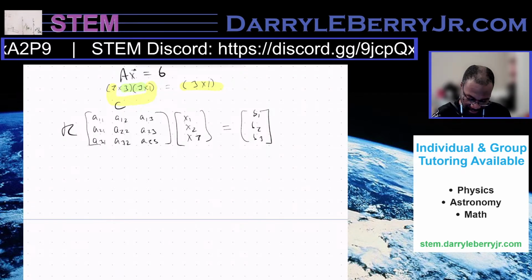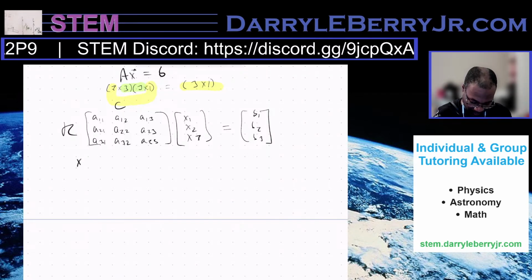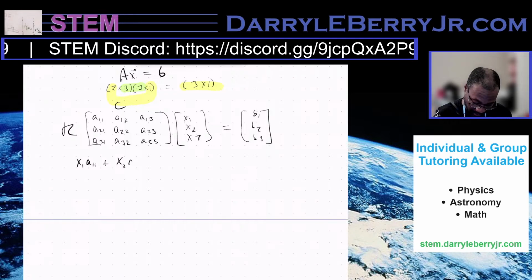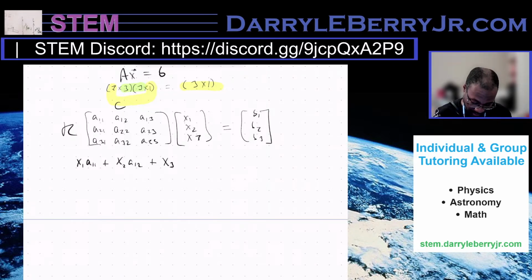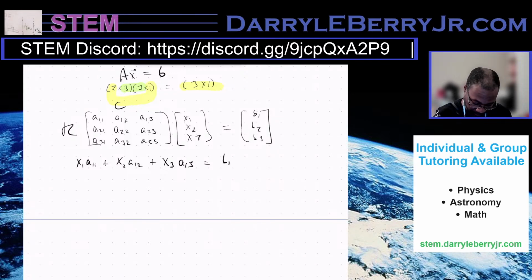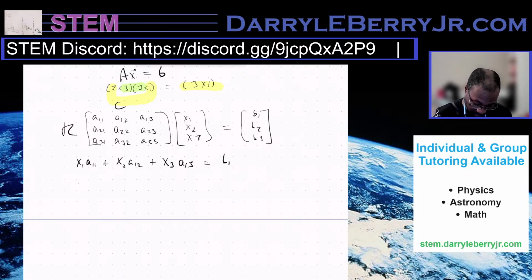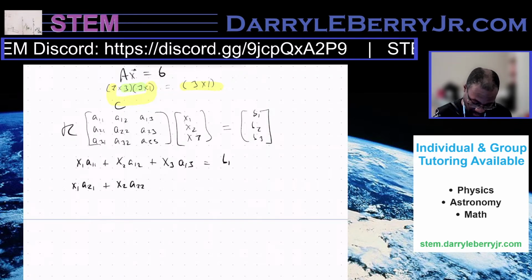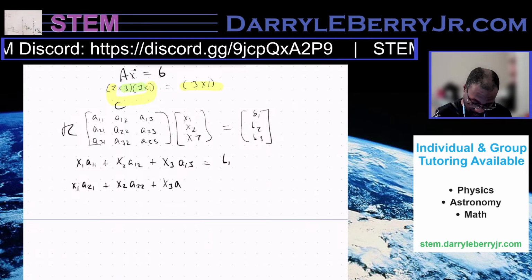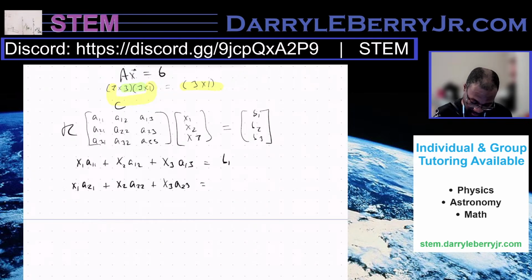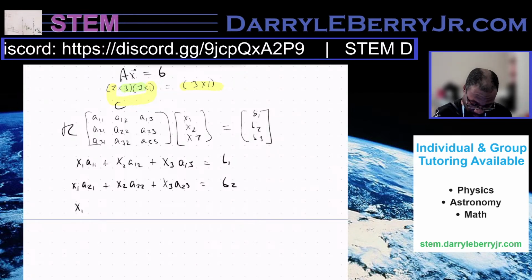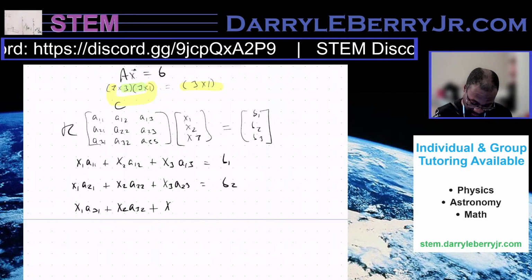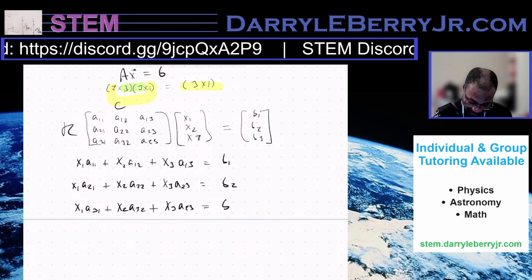So if I was to multiply this out, we would have x1 a11 plus x2 a12 plus x3 a13 equals b1, x1 a21 plus x2 a22 plus x3 a23 equals b2, and x1 a31 plus x2 a32 plus x3 a33 equals b3.